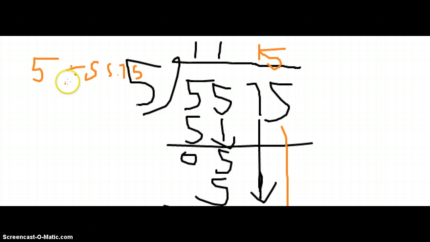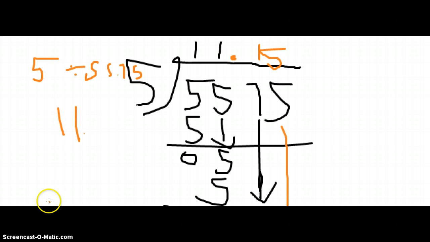So we're going to just divide 5 with 55 and we get the answer 11 point something. So we're going to put the decimal after 11, because 5 and 55 is 11.11 point something, and the answer is going to be 11.15.